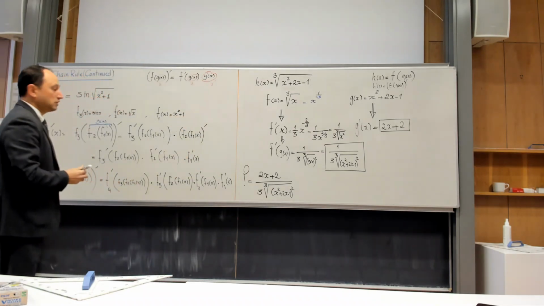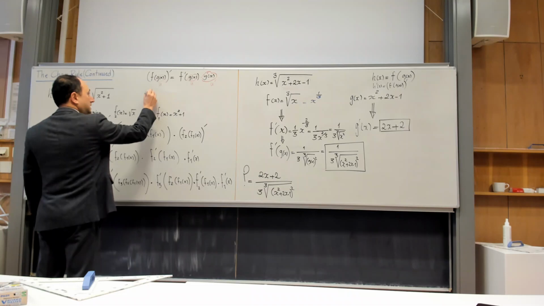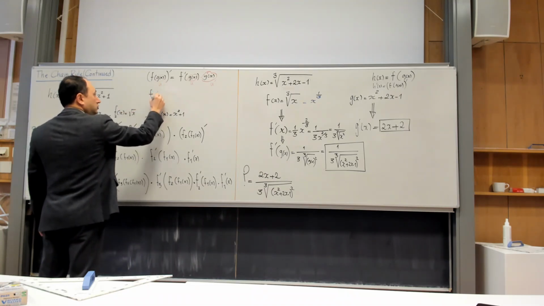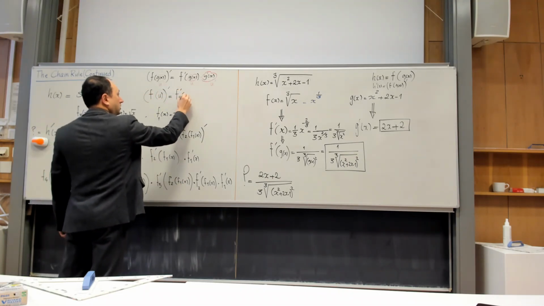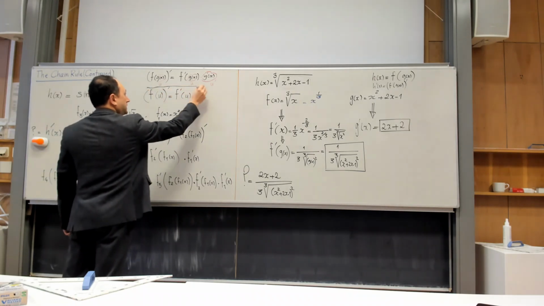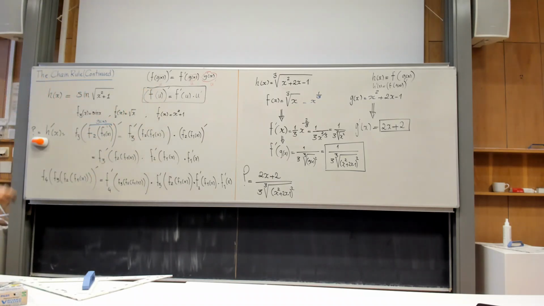So you can write a shorter version of the chain rule. You can say that the derivative of f of u is equal to f prime of u multiplied by u prime. That is a better version to have in mind if you want to do these things quickly.